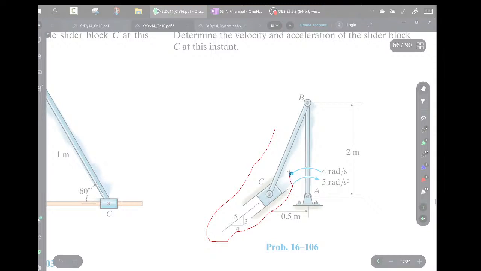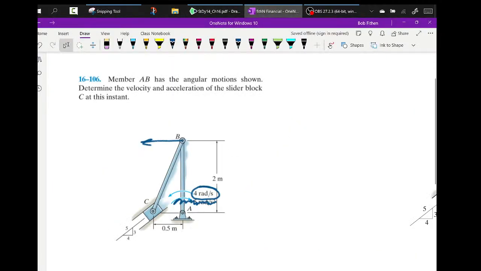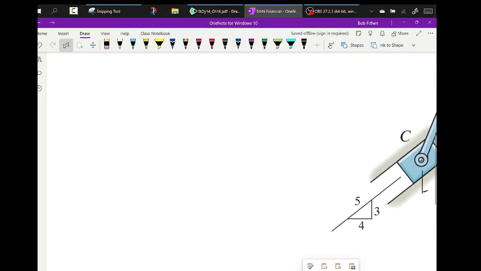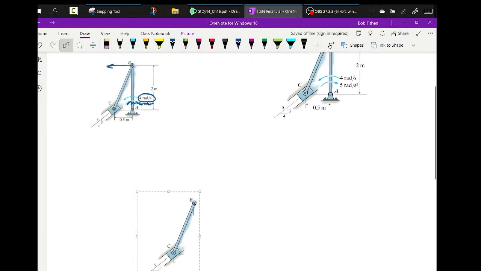I should have used the pen instead of the mouse, but that's good enough. Move back over. I'm going to drop it right there. It's too big, so I'm going to shrink it down. I'll even put it under here so that we can look at it.